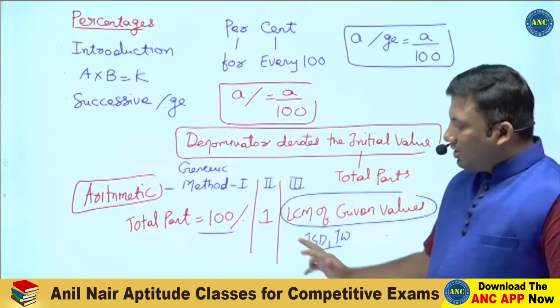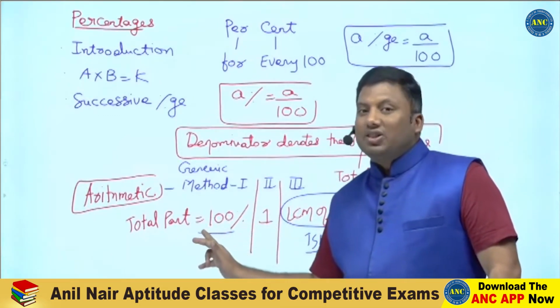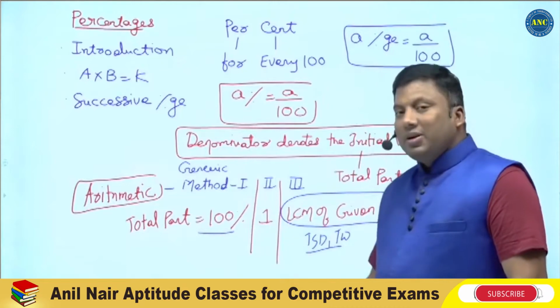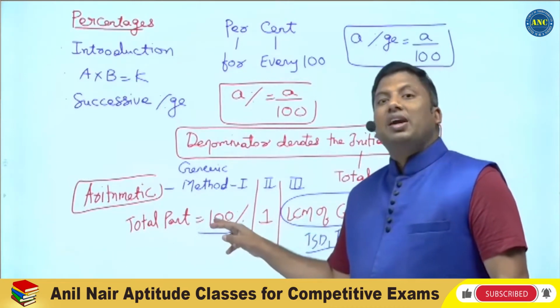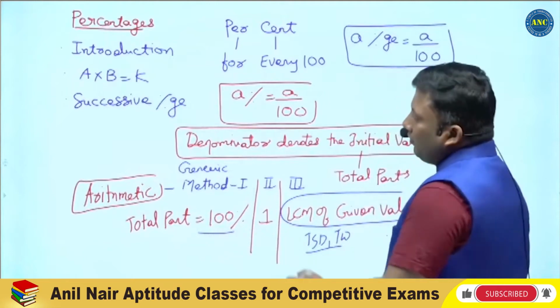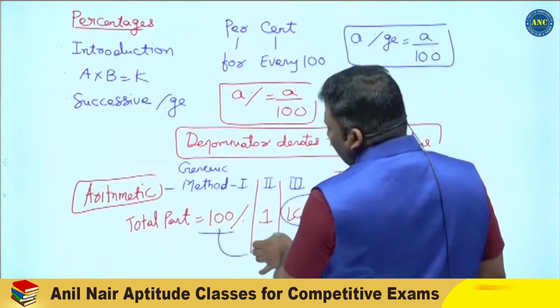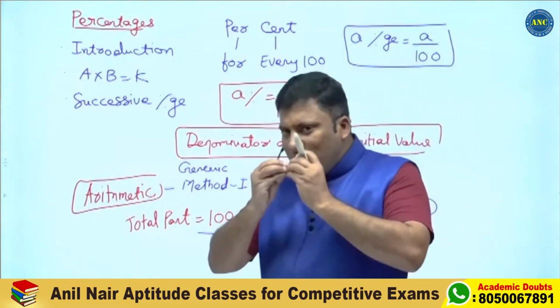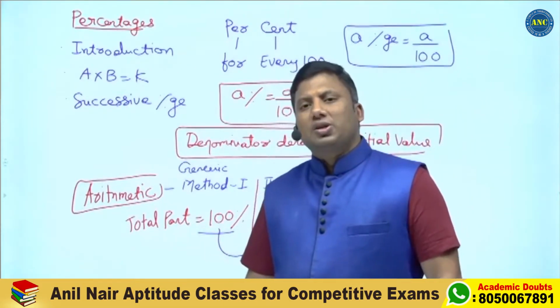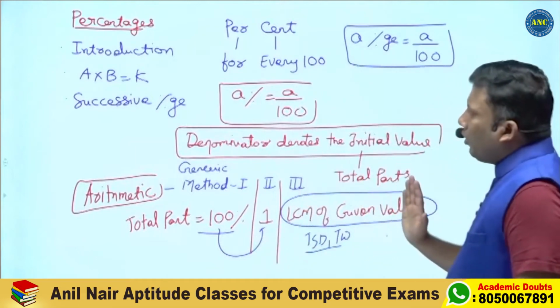So the first method is taking everything in percentage. The second method is doing it in fractions. 100% is 100 by 100, which is 1. So we will understand how to convert percentages into fractions. Wherever important concepts come up, we will discuss them. I hope it is clear.